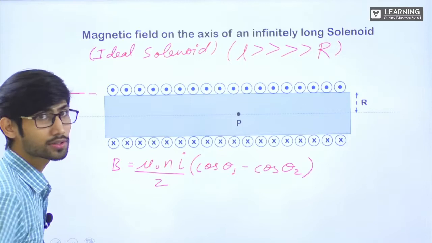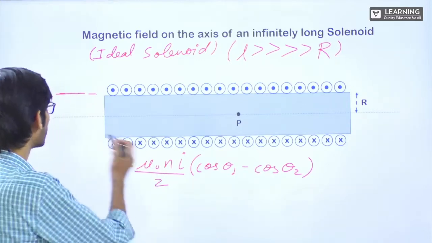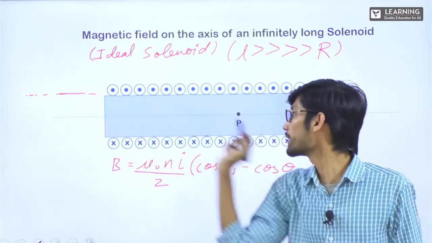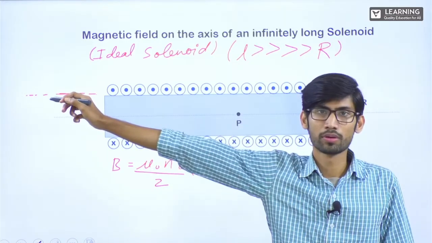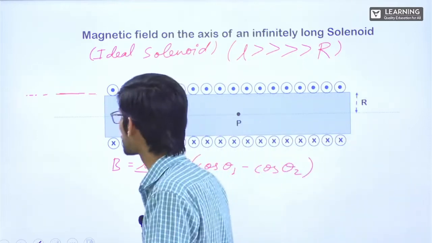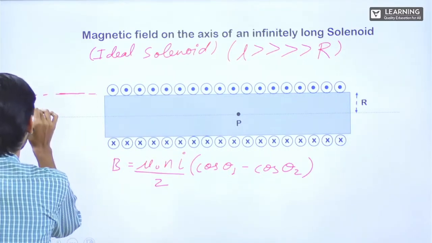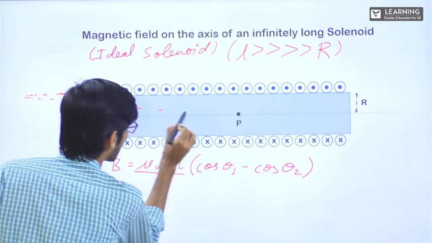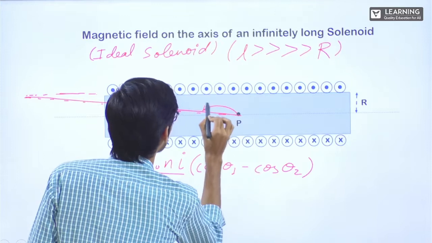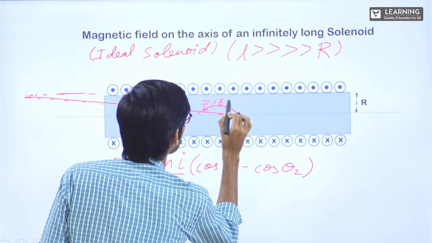I have already discussed this point before also. If it is infinite, from this point, if I try to connect the end, it will be like a straight line, 180 degrees, correct? So this particular angle will be nearly 180 degrees.